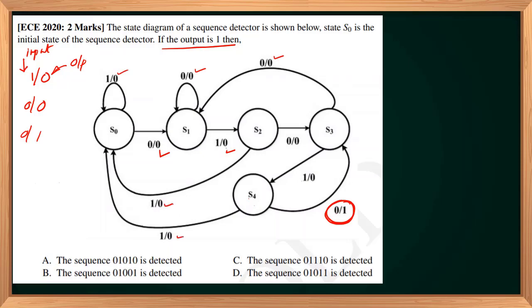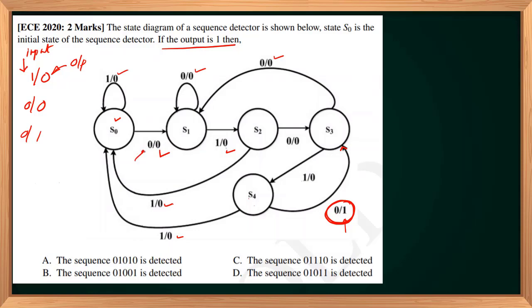So we should start from the initial state and we should come to S4, then we should go back to S3, then you will get an output equal to 1 and the corresponding sequence will be detected, right? So let us start from initial state S0.